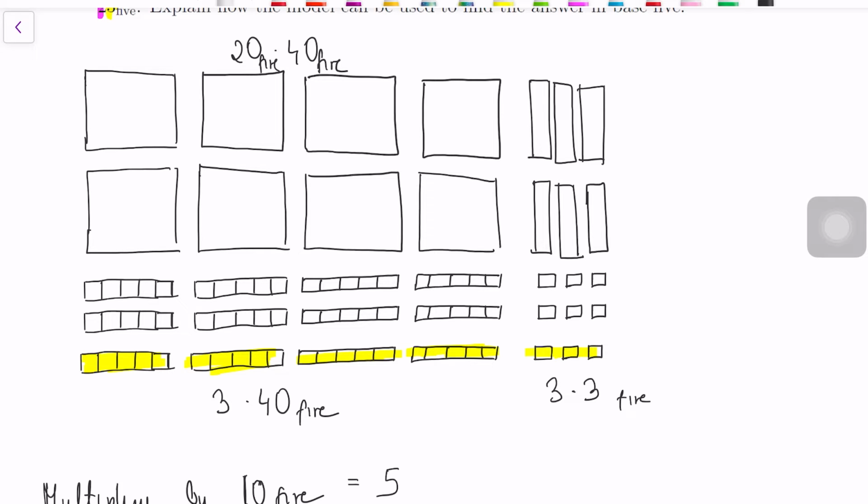So this would be 20 in base 5 times 3 in base 5. So if you look at this highlighted original number 43 in base 5, each of these units, when I multiplied by 10 in base 5, became a long. But since I'm multiplying by 20 in base 5, I have to make two copies of longs, right?